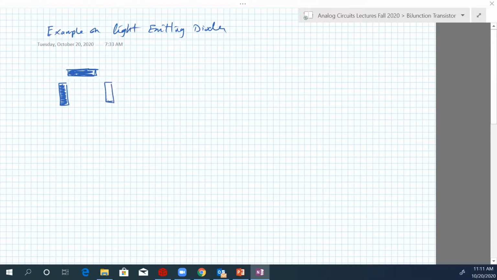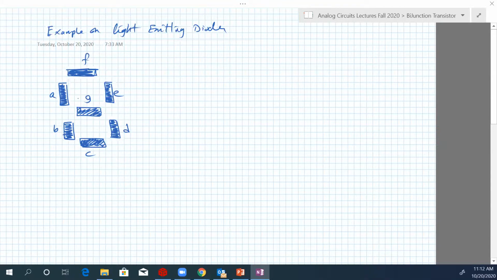Each one of these segments is actually a light emitting diode with a resistor, and it has some connections to some source to provide the current and the biasing, because these LEDs should be forward biased to give you light. So if we said A, B, C, D, E, F, this would be G.